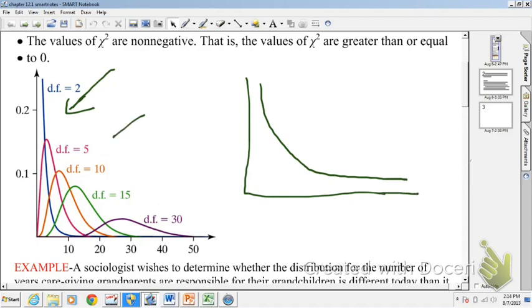As the degrees of freedom become larger and larger, and you see the last one, degrees of freedom are 30, we're approaching more of a symmetric normal curve. So that gets you a little bit familiar with the shape of the chi-square distribution. Much like the t-distribution, when the degrees of freedom become larger and larger, it starts approaching that normal distribution.